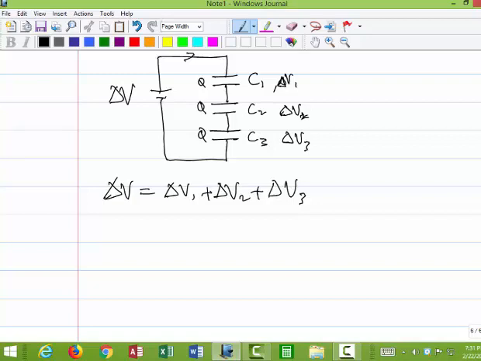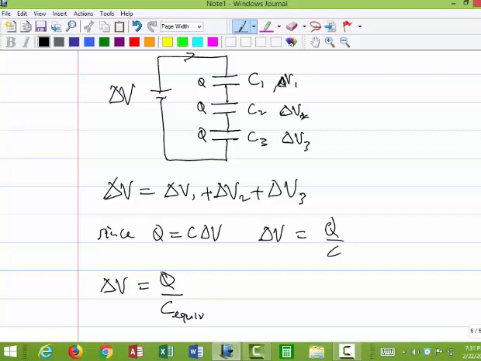Delta V2 is the potential drop across C2. Since we know that Q is equal to C delta V, then delta V is equal to Q over C. So delta V, our total potential difference across the battery, should be equal to the total charge Q divided by the equivalent capacitance, which should then be equal to Q over C1 plus Q over C2 plus Q over C3.